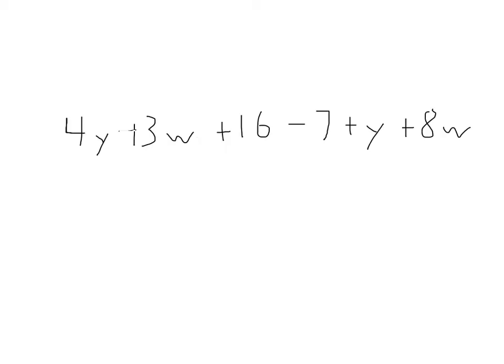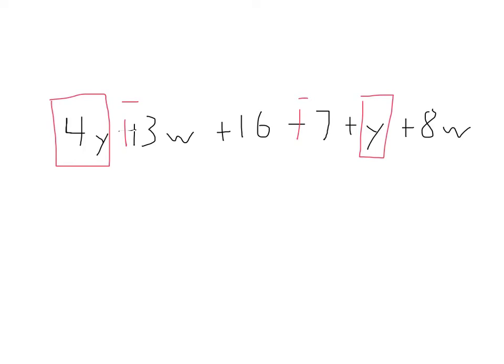I want you to go ahead and try this one now as well. Hit pause now. Okay, now let's see how well you did over here. The first thing we need to do is our chop slashes. Okay, now let's find our common like terms. So the first thing I see is 4 y's here, and I see an extra y over there.